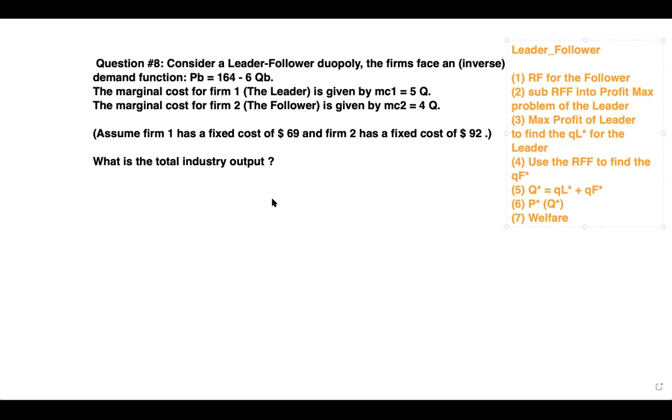But when you do the profit maximization problem, if you remember from earlier lectures, every time we're setting marginal revenue equal to marginal cost, we're doing profit maximization. That's the formula that comes out of taking the first derivative of the total revenue function to find where the slope goes to 0.